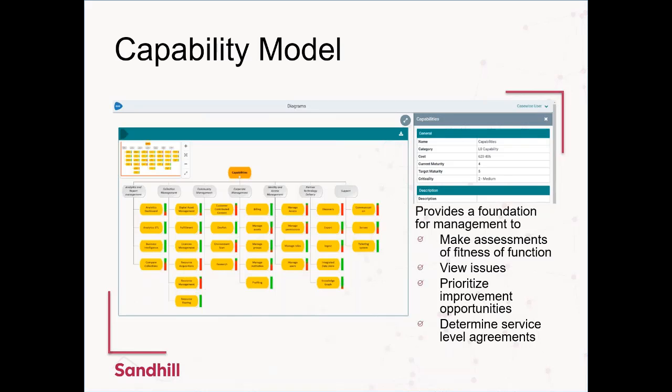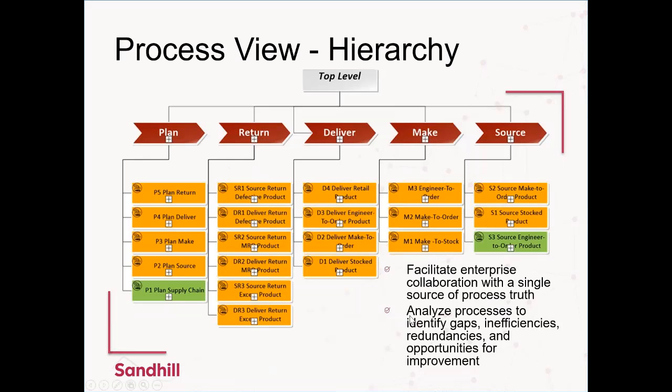We can use these to determine any deficiencies or gaps in our capabilities to support the particular supply chain model, to prioritize the development of the capabilities, and also to determine and agree the service level agreements we want. So the capability model helps us understand what the enterprise is able to do and what it's capable of delivering.